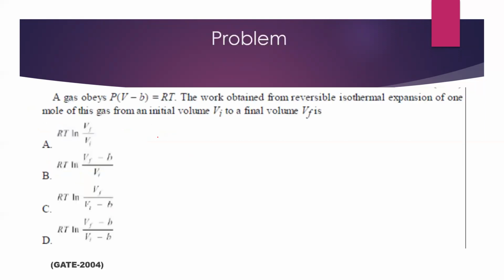Now we know that the work done, or I should say the modulus of work done for any condition, is equal to the integral of P dV from Vi to Vf. This is what we discussed in one of the lectures, right? So the integral of P dV from the smaller volume to the larger volume. In this case, since expansion is taking place, the initial volume is going to be smaller, so Vi to Vf, right?